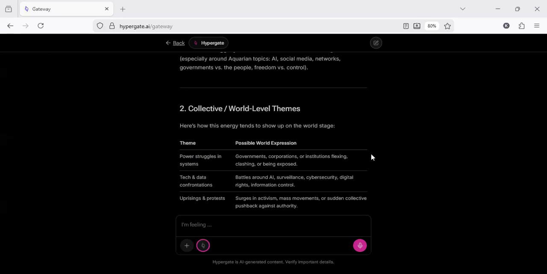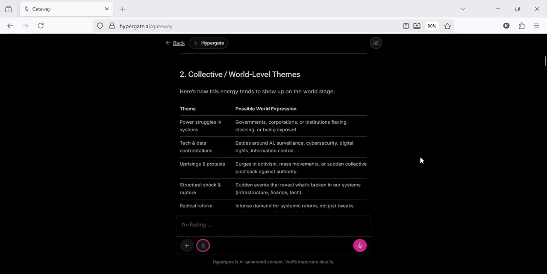Okay, tech and data confrontations: battles around AI, surveillance, cybersecurity, digital rights, information control. Uprisings and protests: surges in activism, mass movements, or sudden collective pushback against authority. Now, isn't that the truth? Whoa, ho, ho. Oh, man. Lots of that going on.